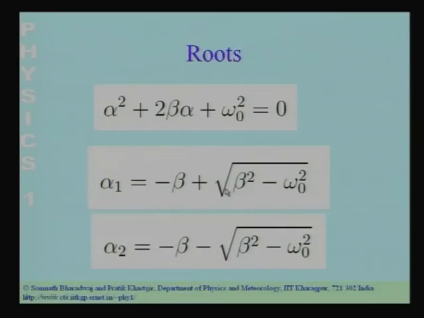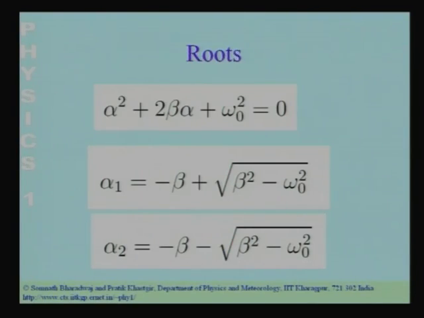If you look at these two roots, you will see that the value of these roots depends crucially on the values of beta and omega naught. Let us first touch upon the situation where beta is equal to omega naught.